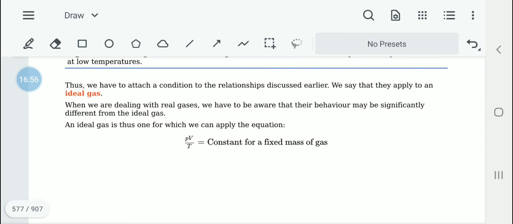As a result, we can identify ideal gases separate from real gases by stating that ideal gases obey the following equation, and then write down PV upon T equals constant for a fixed mass of gas.